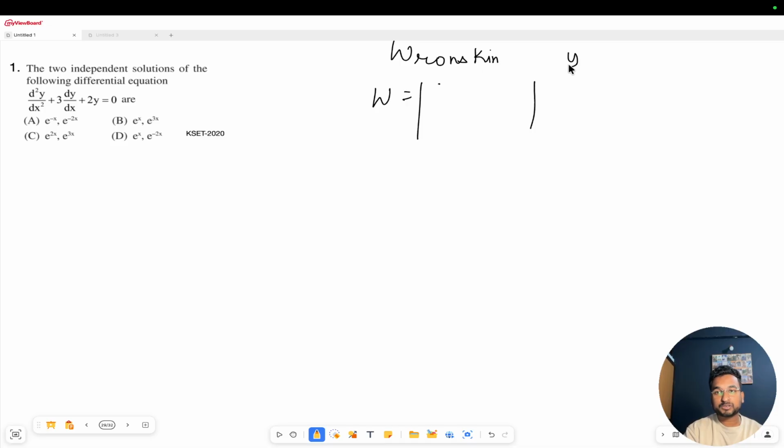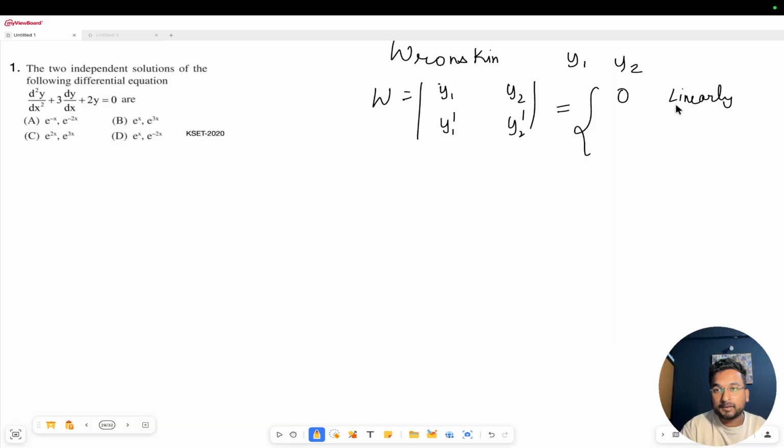If there are two solutions, y1 and y2, you write the Wronskian like this: y1, y2, and y1 dash, y2 dash. If this is equal to 0, then the solutions are linearly dependent. If it is not equal to 0, that means the value is something else, then it is linearly independent.